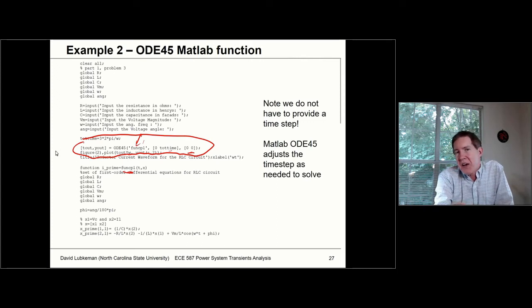If you want to get the values in from the main program, you can declare these values as global. But basically what you're doing is you're just providing terms for the derivative of the voltage and the current, which in this case, I have set up as x prime. All right. So this is set up as a matrix right here.